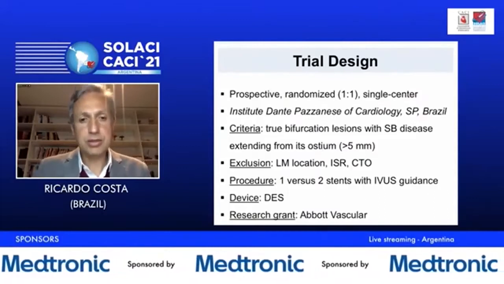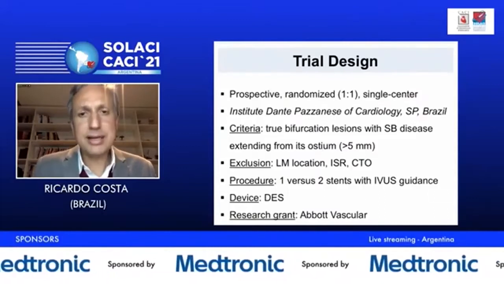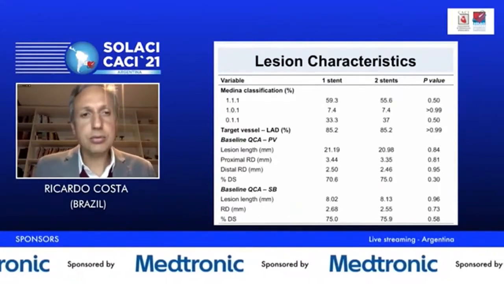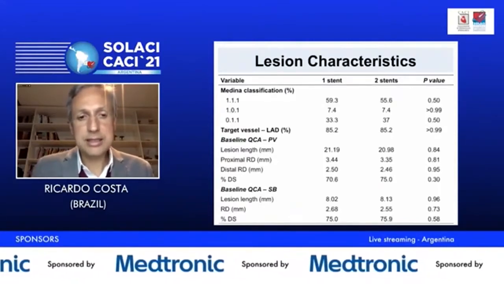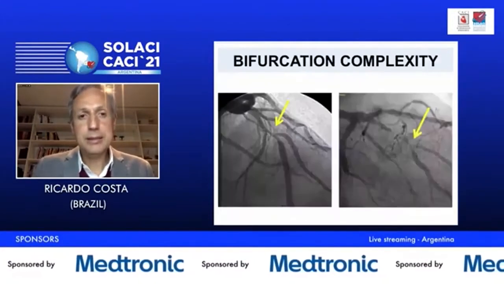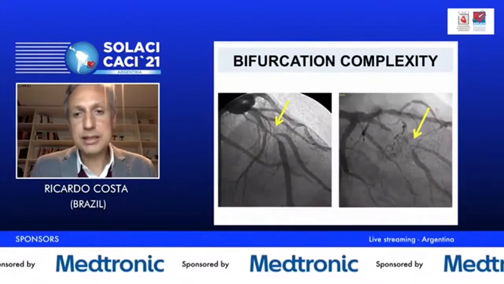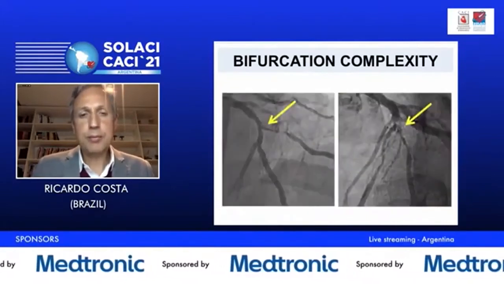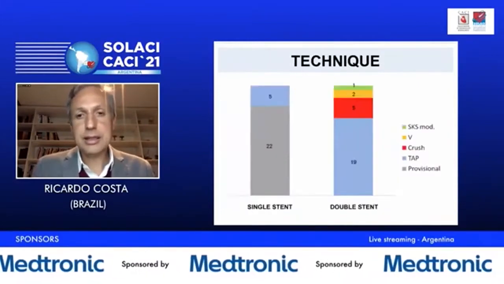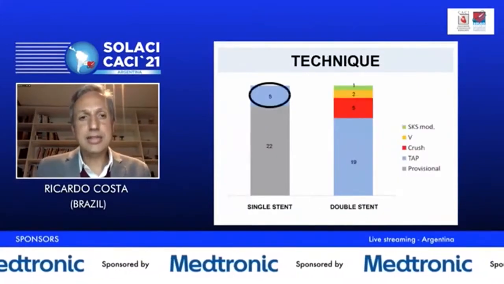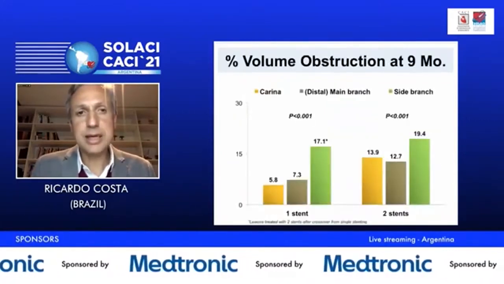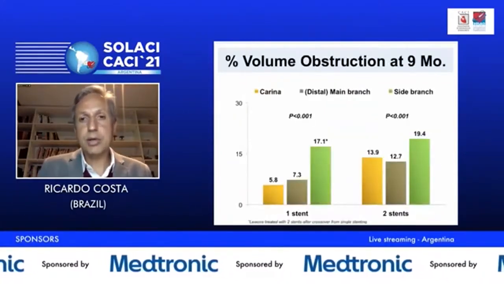We have this trial that tried to approach the true bifurcations, with the extension of the lesion more than 5 millimeters in the side branch, and complexity. And we compared this provisional technique with double stenting guided by ultrasound, and the crossover rate was almost 20%, very similar to the randomized trials.